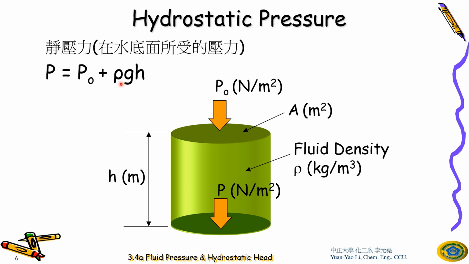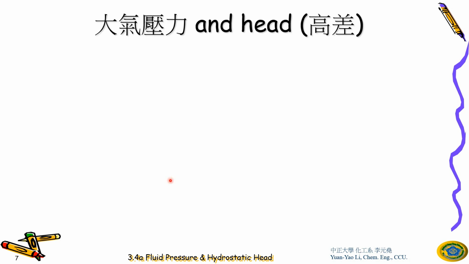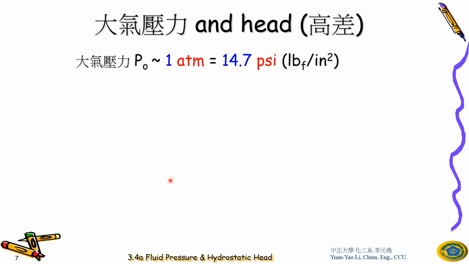Rho is what? Density, right? G is gravity. H is the height. So this is very easy. Now we want to know what the atmospheric pressure is and what the head is. You might say, Professor, sometimes I learned something different in high school or junior high.